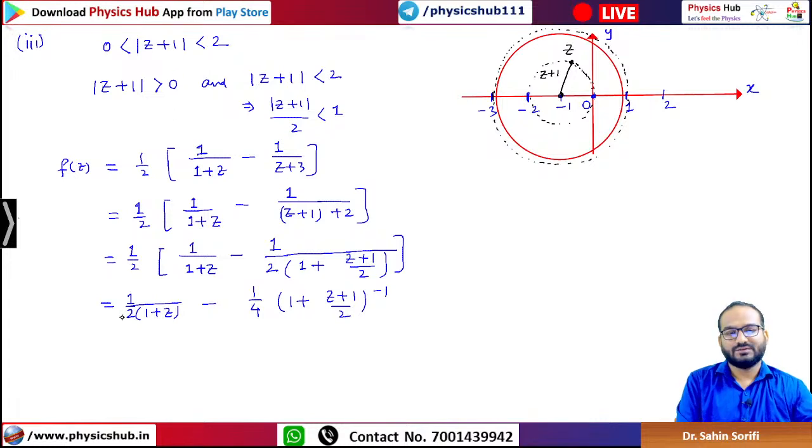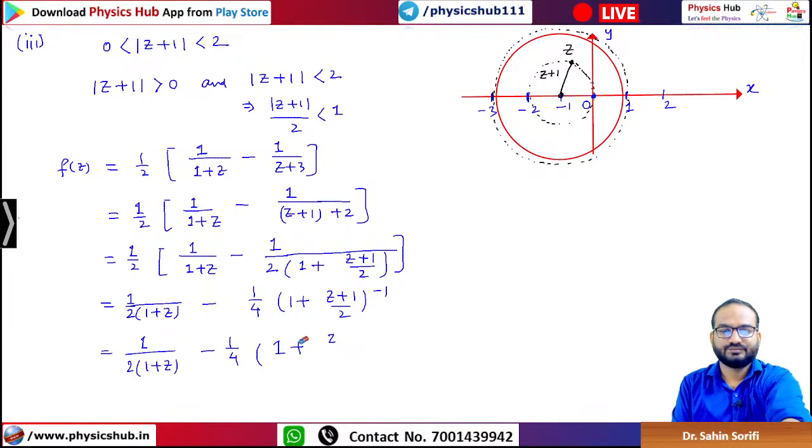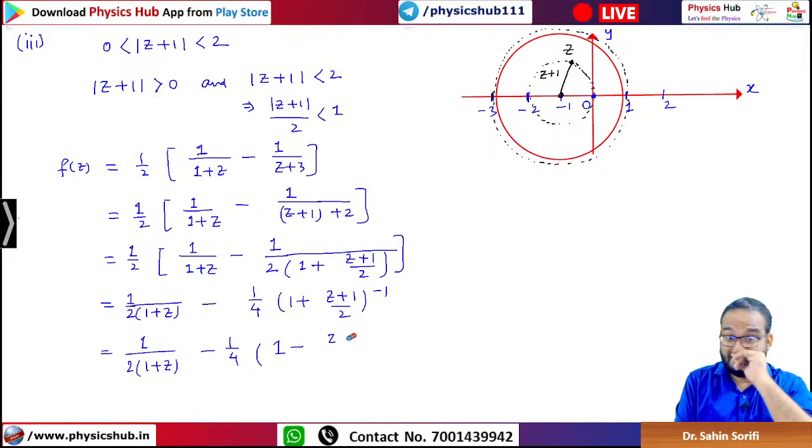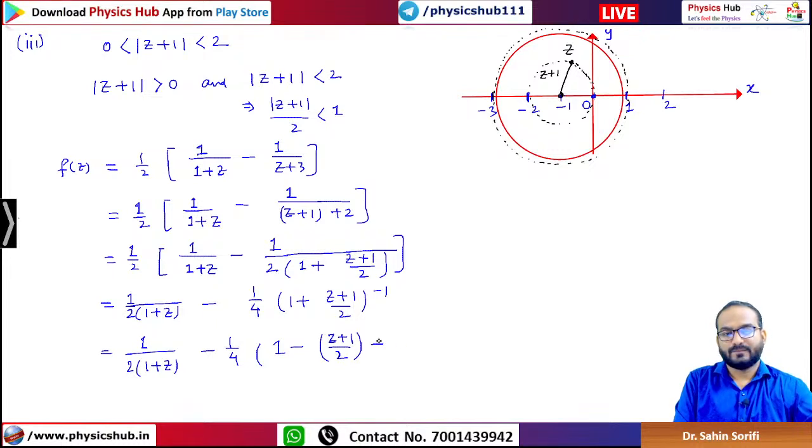Look, here we have z plus 1, so we can keep this first term. There is nothing to do for the first term, but for the second term, as you can see, it is 1 plus z plus 1 by 2 less than 1, so we can write 1 plus, so positive sign is there, so alternate signs will be used: 1 minus z plus 1 by 2 plus z plus 1 by 2 whole square minus z plus 1 by 2 whole cube and so on.